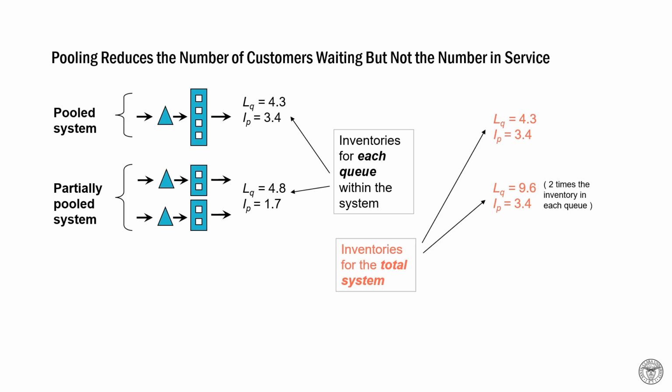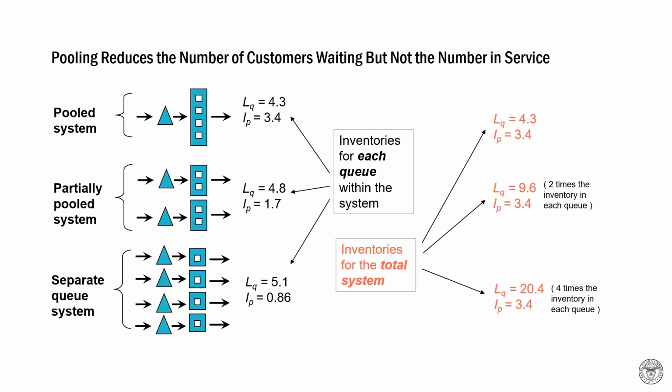However, for the total system, these numbers doubled, yielding 9.6 customers in queue and 3.4 customers in service, reflecting the effect of having 2 queues. Lastly, in a separate queue system, where each queue has its own dedicated server, the number of customers waiting in each queue is slightly higher at 5.1 LQ, while the number in service is lower at 0.86 IP.